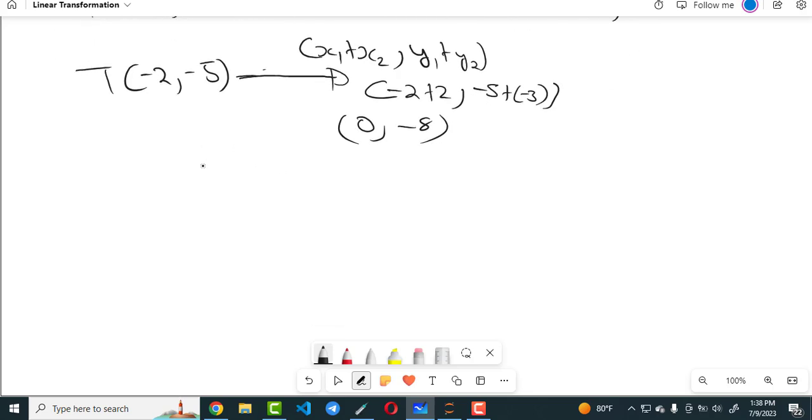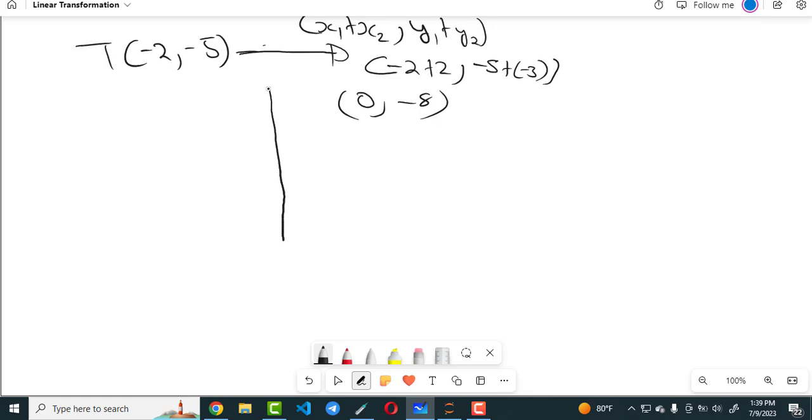So if you are to represent this on a Cartesian plane or on a vector space, we are simply saying x is -2, let's say -2 here, y is -5. So the points are meeting here.